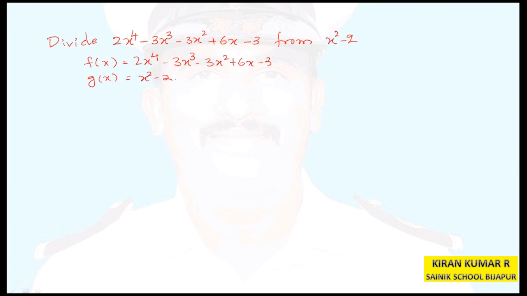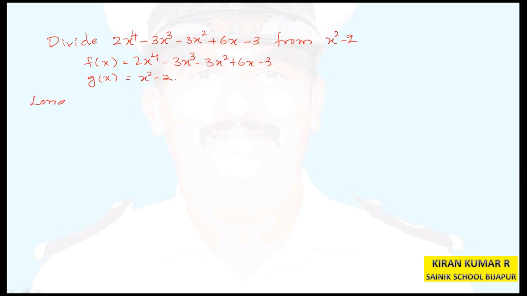Observe the degree of f of x. We have the degree 4. g of x has the degree 2. So I will divide. Here I am following a long division method.